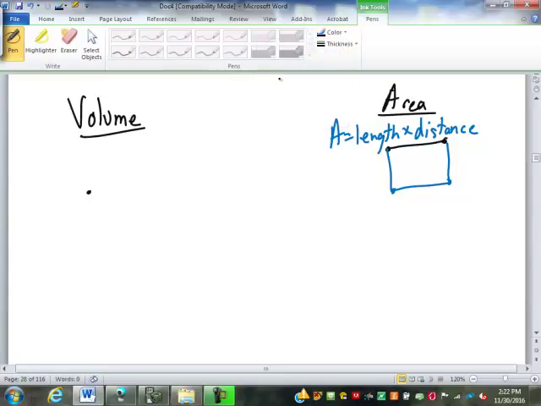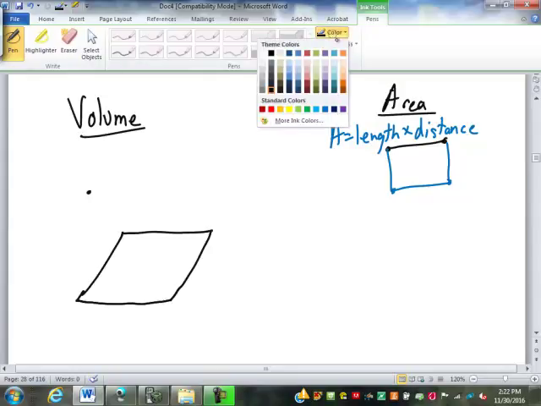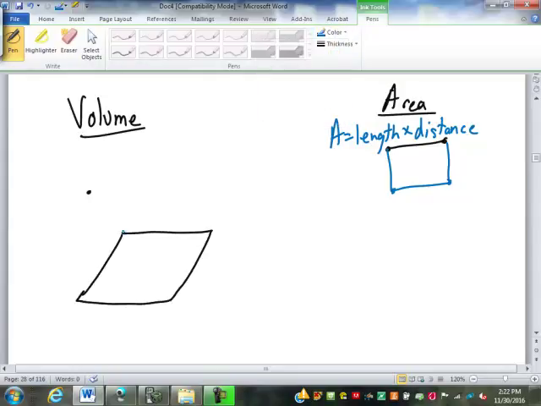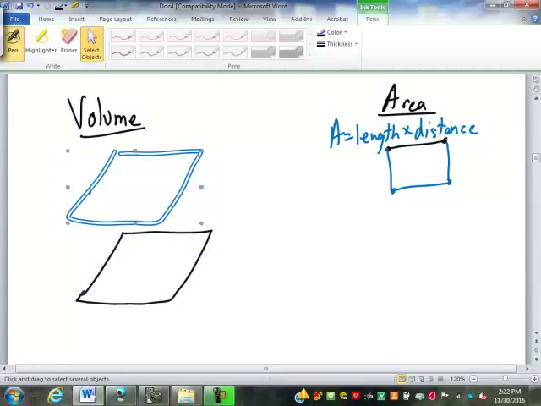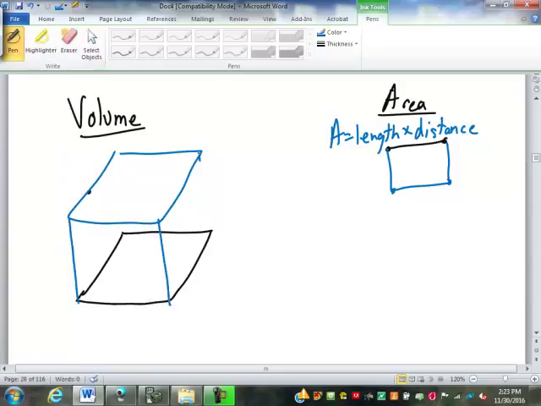Volume is going to be defined very similarly. Pretend this is actually a rectangle. We're just looking at it at a weird angle. A volume is defined as an area that we take and move in a third direction perpendicular to both of the first two. If I take that rectangle and pull it through space, it creates a box.